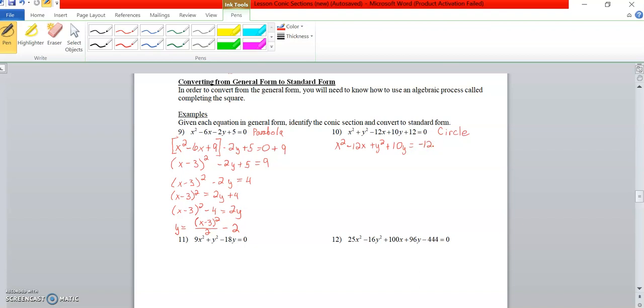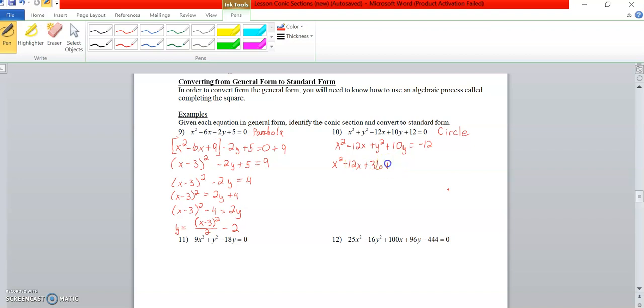So the next step in completing the square, and we can do them all in one line here, but remember we write out x squared minus 12x, and then that's where we take half of our x term and square it. So half of that is negative 6, squared, so we're going to add 36.